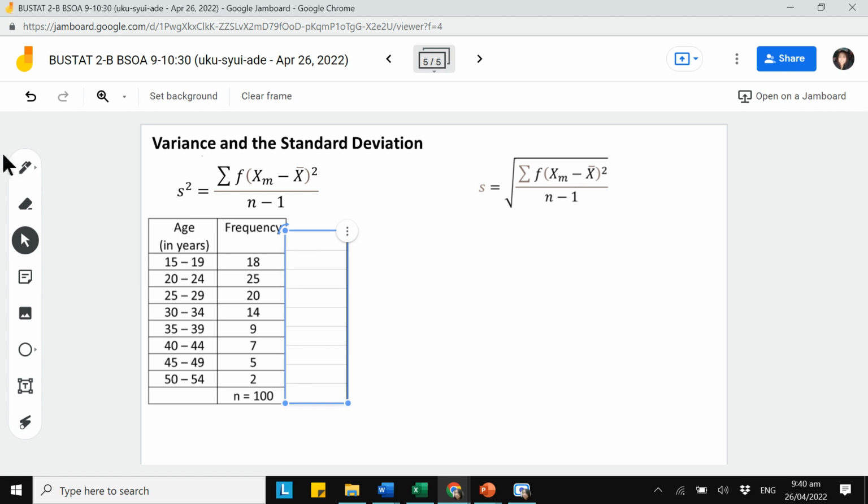So for this one, gawin natin yung class mark. So how to get that? You just get the midpoint between the upper and lower class bound, upper and lower limit in each class size. So what's the midpoint natin dito?